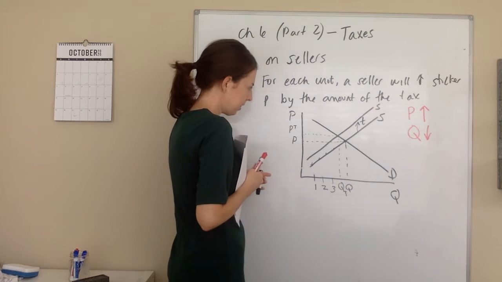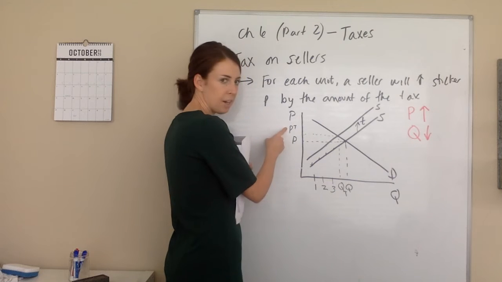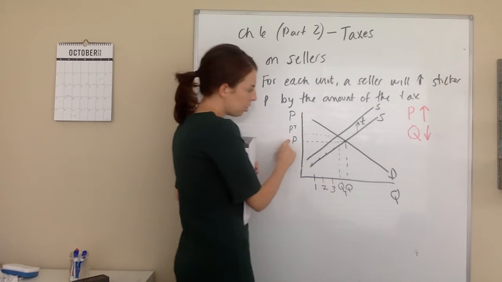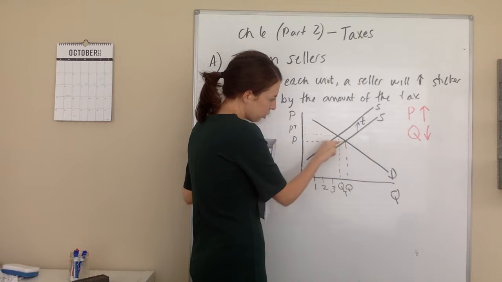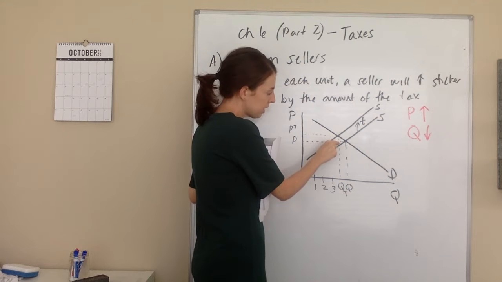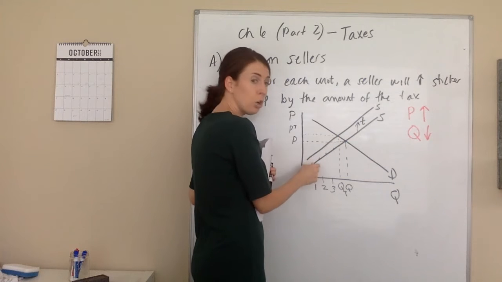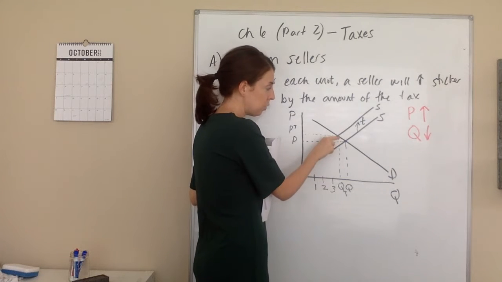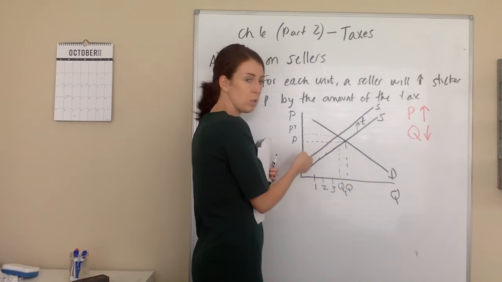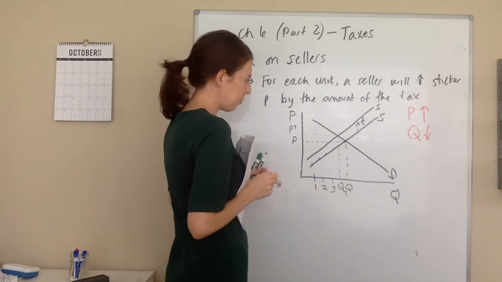There is a new equilibrium price that's higher than it was originally, but note that the difference between the original equilibrium price and the new equilibrium price is smaller than the tax amount, right? So the equilibrium price went up, but it didn't go up by the amount of the tax. The whole curve moved up by the amount of the tax, but the equilibrium change was smaller than the tax amount. Let's pick this apart.